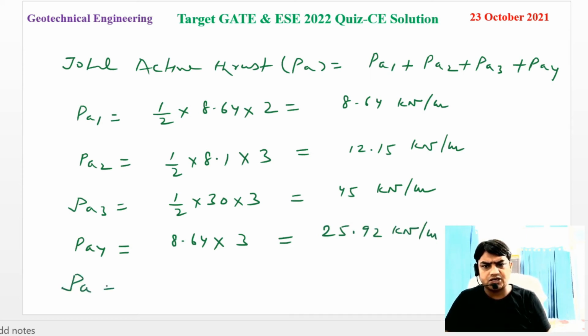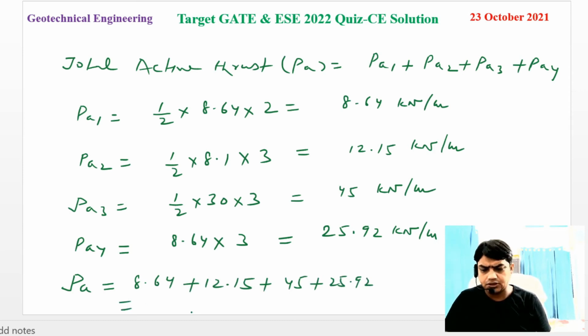So the total active thrust is equal to 8.64 plus 12.15 plus 45 plus 25.92. So the total active thrust is 91.71 kilonewton per meter length of the wall.